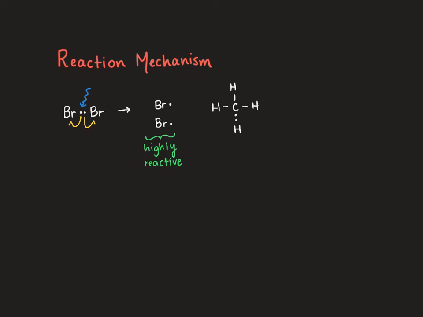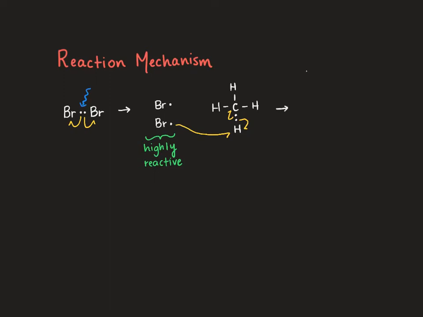What can happen here is one of our bromines can steal this hydrogen, and the hydrogen is going to take back its electron. A carbon-hydrogen bond is almost nonpolar, so there's not going to be a really big difference in electronegativity there. So our electrons in that bond are going to split.